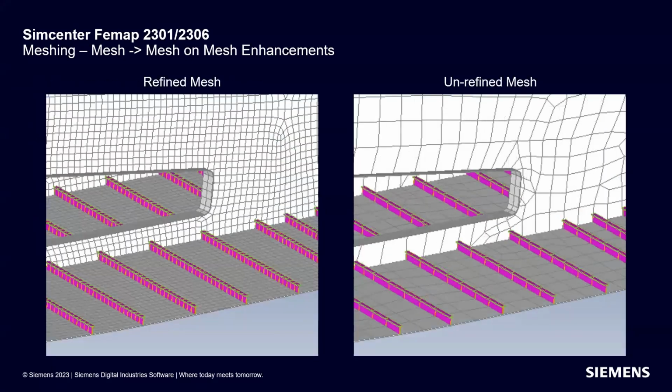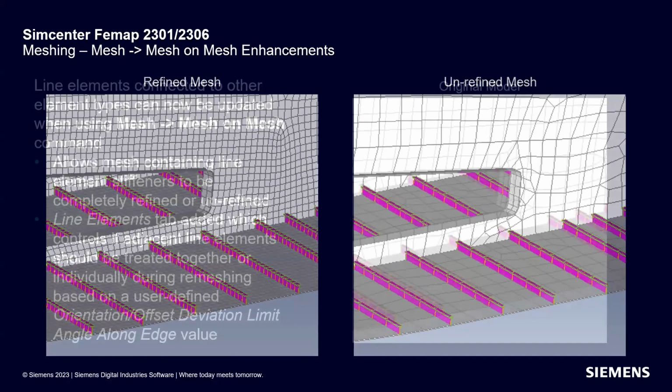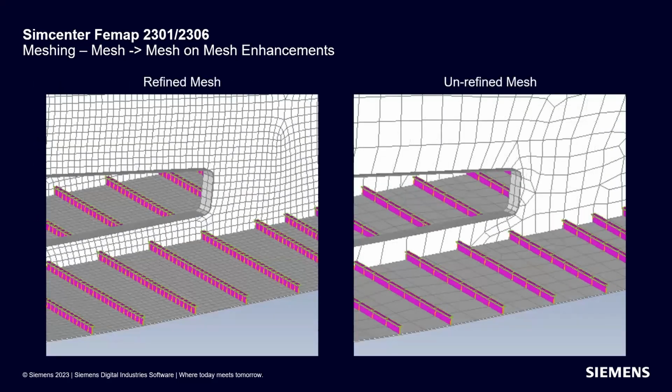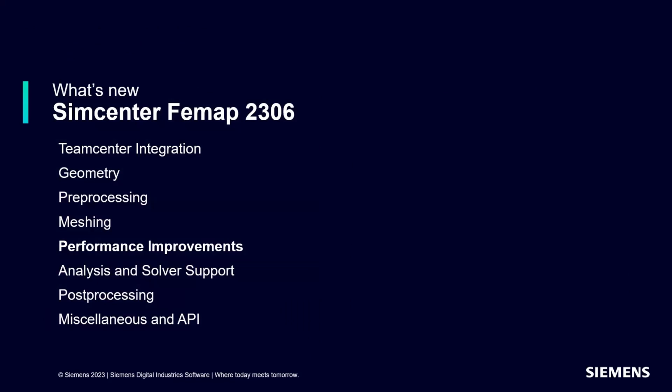You can see on the refined mesh how all those line elements were refined, and on the unrefined mesh, it was able to take those line elements and unrefine them, essentially creating the same mesh that you had in this one, but with fewer elements. So that was a mesh on mesh enhancement for 2301, and we improved it even more for 2306 for some very specific cases.